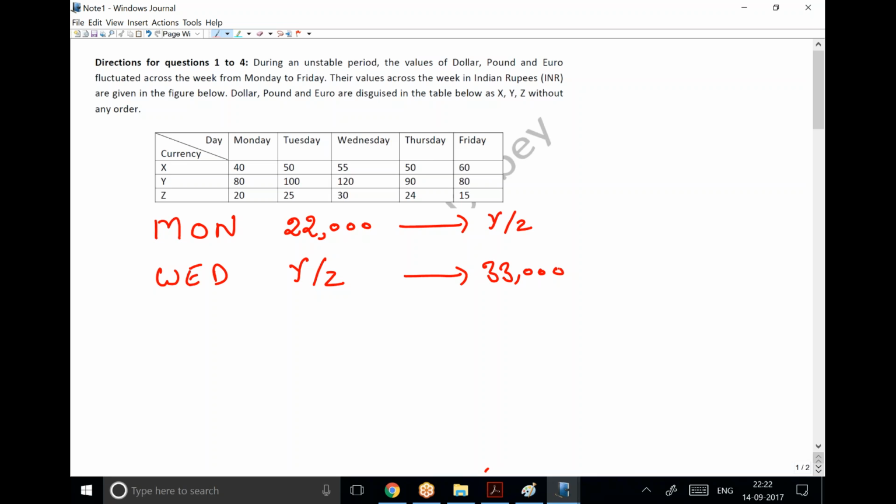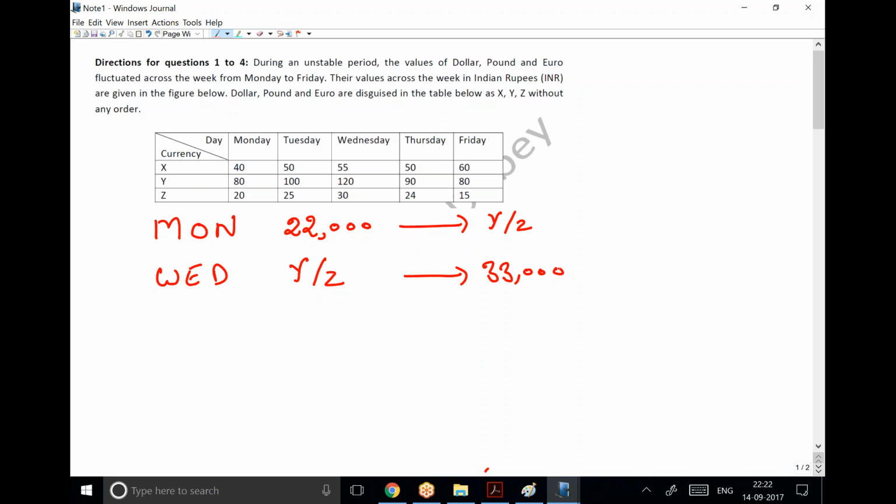And on Wednesday I will not be investing, because from Wednesday to Thursday all the amounts are decreasing, so I will not invest on Wednesday.